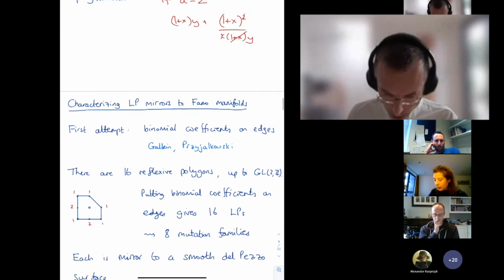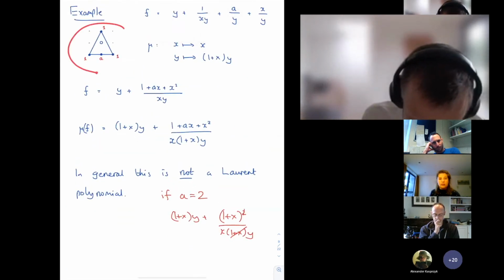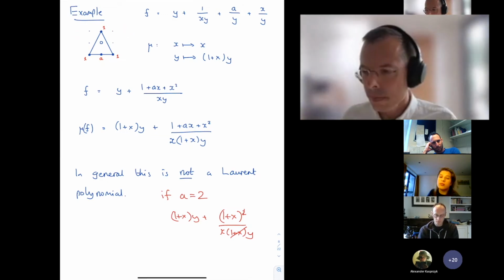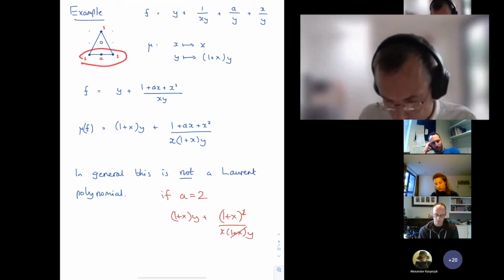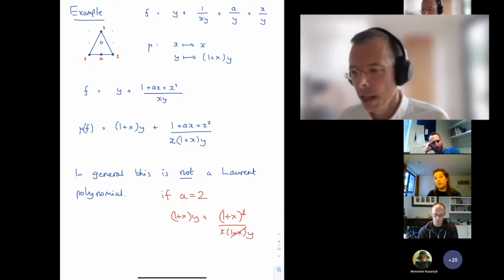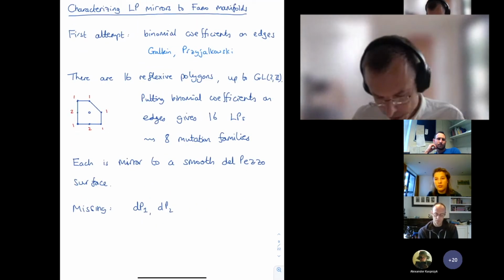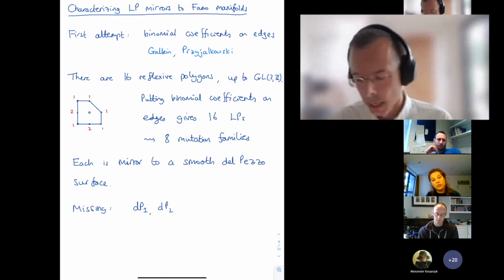If we just go back a little bit, I mentioned that if A equals 2 here, then that gives you a mirror to P1 cross P1. So then I'd have 1, 2, 1 along that edge. And in general, putting binomial coefficients along the edges of at least Newton polygons seems to do quite well.